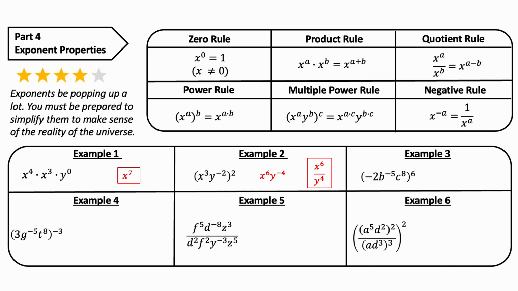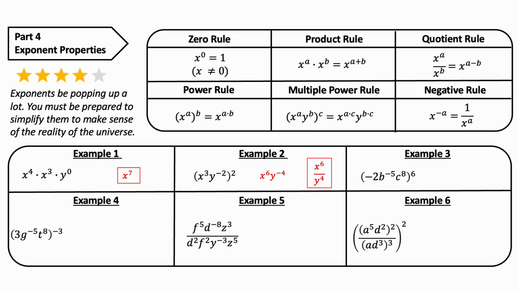Now in example 3, we also can follow the power rule, so that 6 on the outside gets multiplied to everything on the inside. Both the c to the 8 is going to get multiplied by 6, the b to the negative 5 is going to get multiplied by 6, and what's often forgotten is the negative 2 out in front that doesn't have an exponent is also going to get raised to the 6th power.